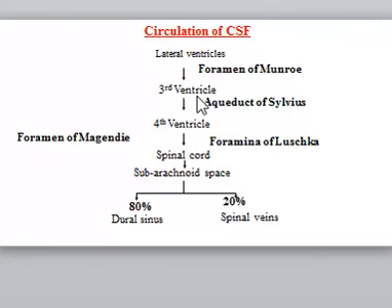From the third ventricle to the fourth ventricle, the aqueduct of Sylvius helps it pass through. From the fourth ventricle, the foramen of Magendie and foramen of Luschka help it pass to the spinal cord. And from there it reaches the subarachnoid space, and 80% goes towards the dural sinus and 20% into the spinal veins.